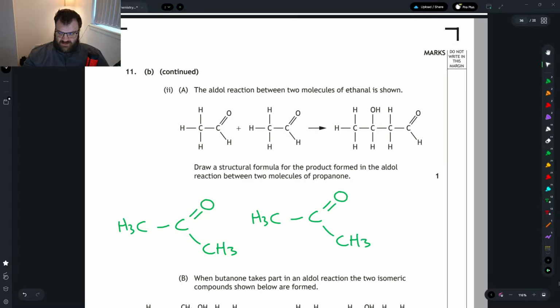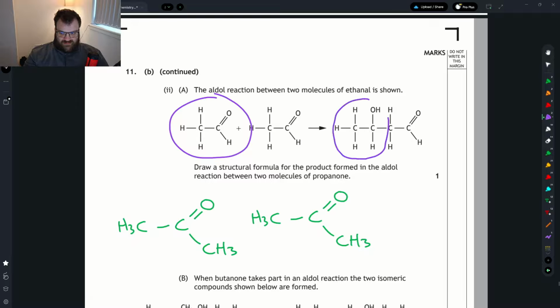Right, so what is actually going on now? Let's start with the one on the left. The one on the left stays basically the same, doesn't it? But what's happening in this one? Well, the double bond O is going to become a single bond OH.